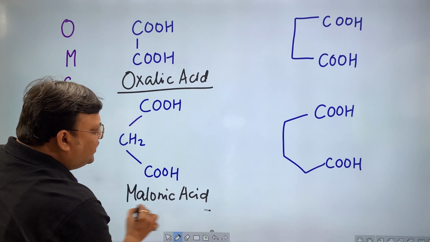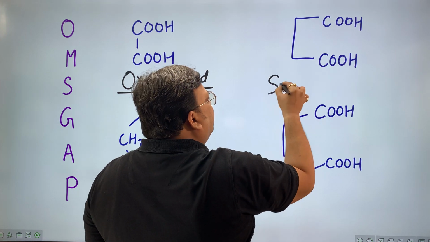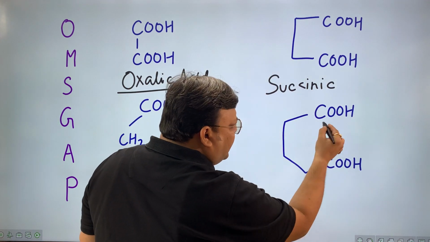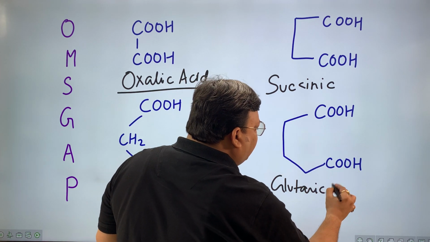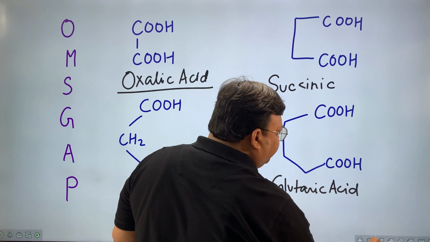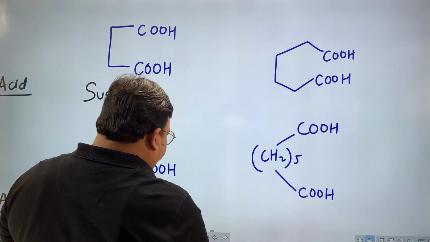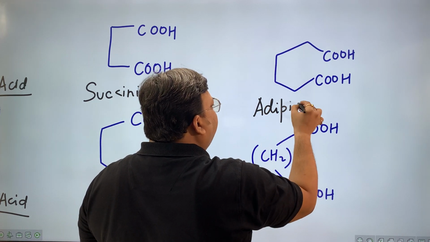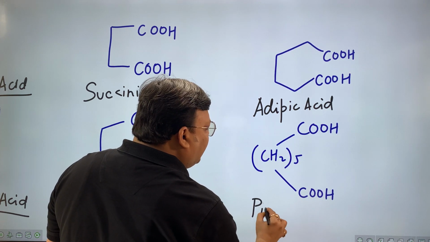Similarly, 4 carbon butane 1,4 dioic is more popularly called succinic acid. 5 carbon dicarboxylic is called glutaric acid. 6 carbon, the common name is adipic acid, and 7 carbon is popularly called pimelic acid.